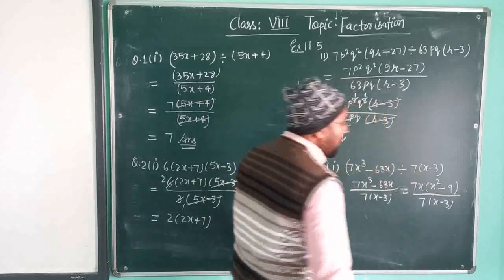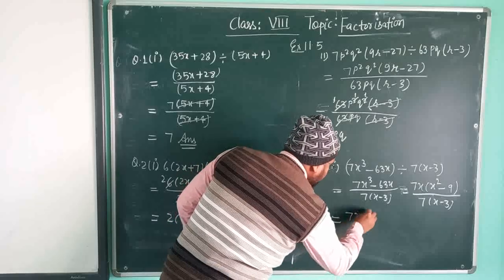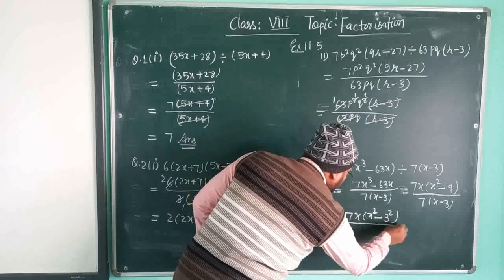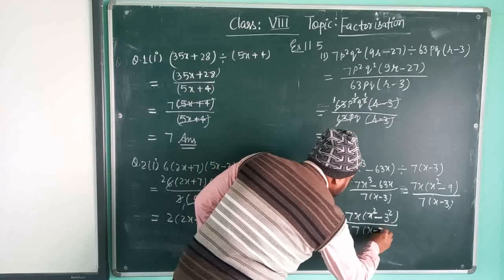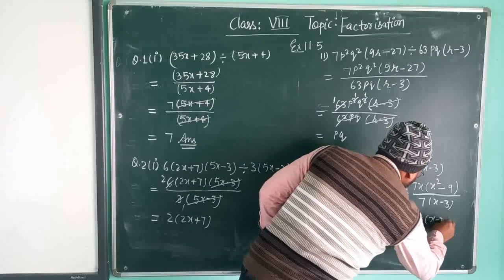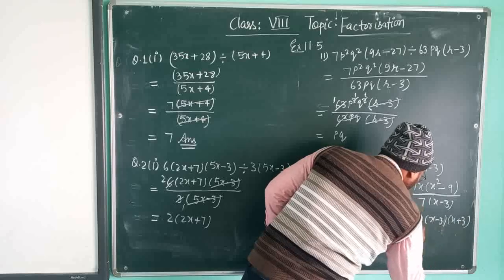And x square minus 9 means that we can write this as 7x in bracket x square minus 9. I can write 3 square upon 7 in bracket x minus 3. 7x in bracket x minus 3 and x plus 3.